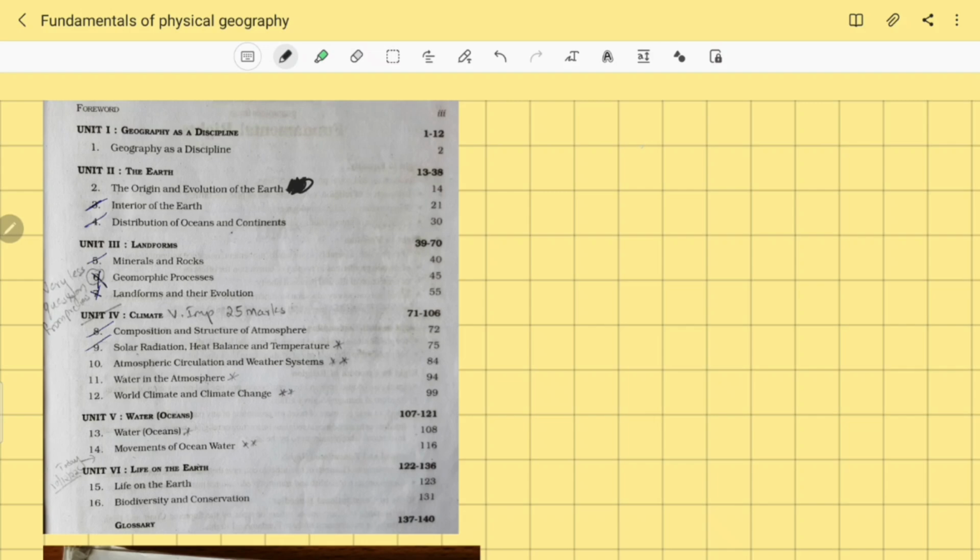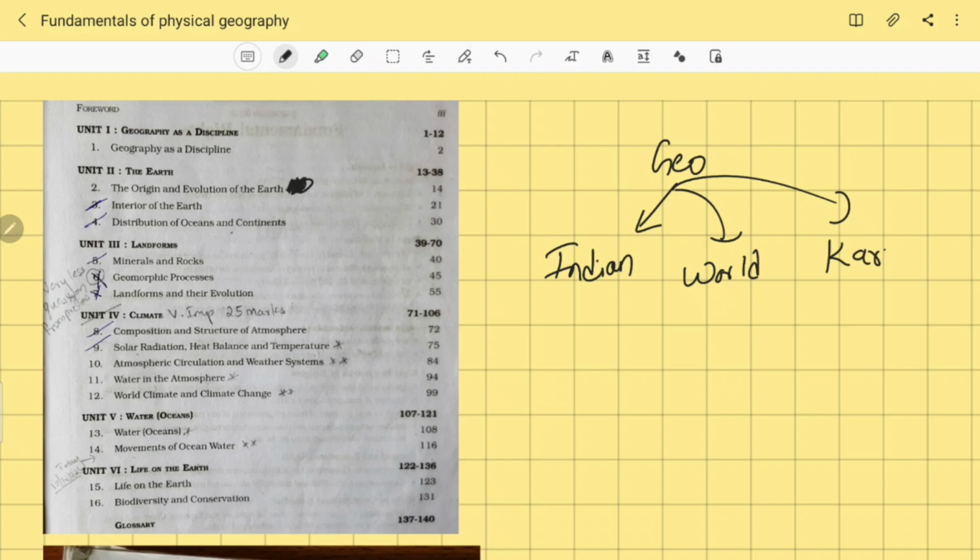So let me explain the plan for the geography series. In geography for KPSC, we have mainly three parts. The first one is Indian geography, then world geography, then Karnataka geography. For Indian geography for class 11th, we have two books.